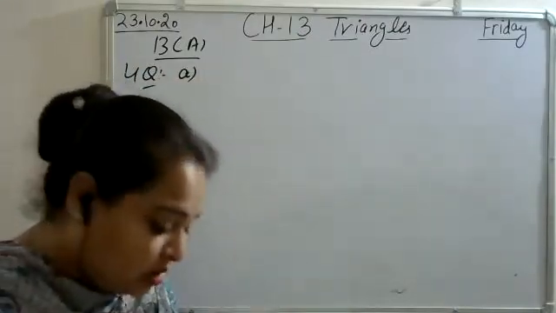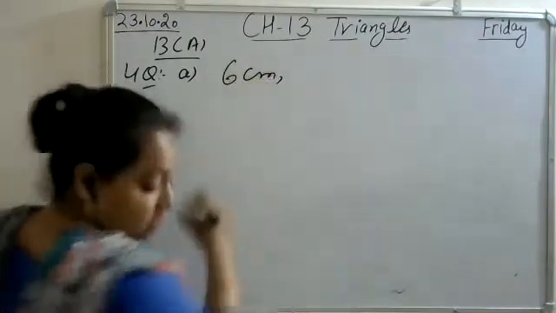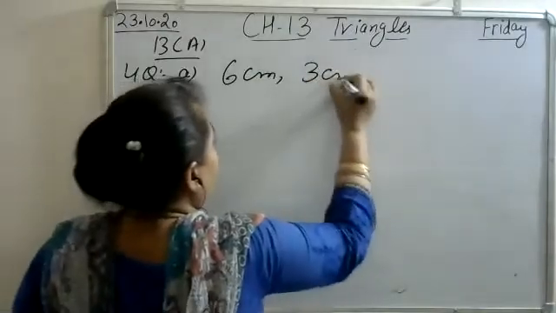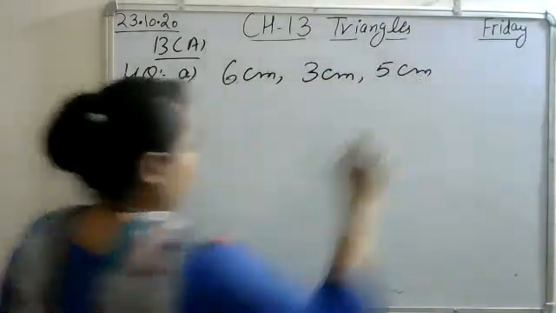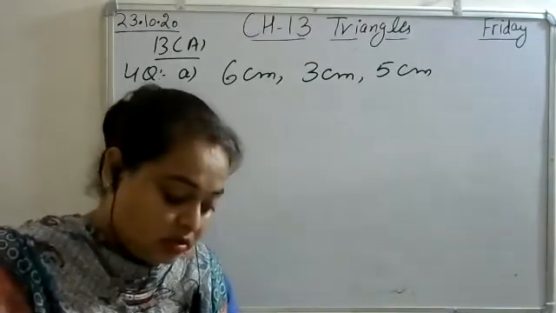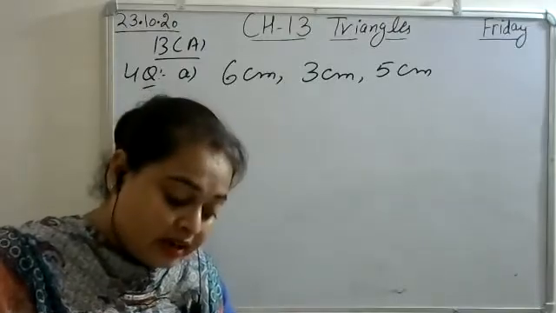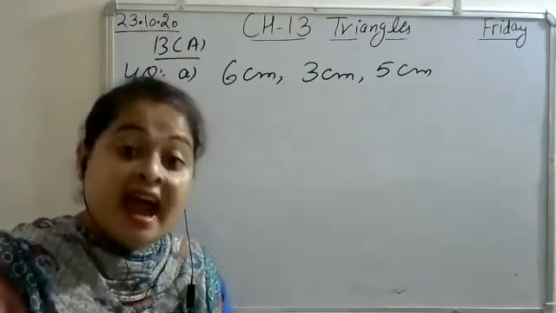The first one is 6 centimeter, 3 centimeter and 5 centimeter. And the question is: classify the triangle according to sides, that is equilateral, isosceles or scalene.